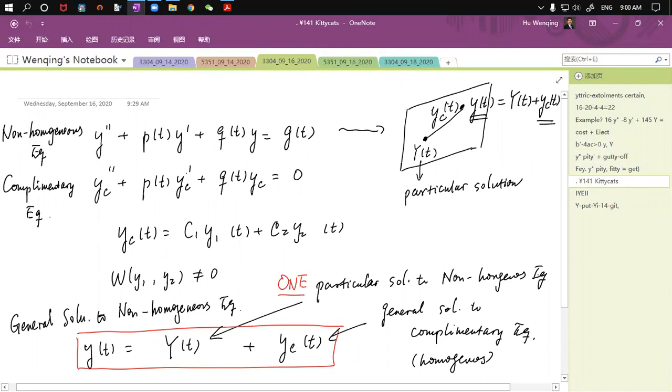By complementary solution, it means a solution to the homogeneous equation, where you remove the non-homogeneous term, set it to 0, and solve it.